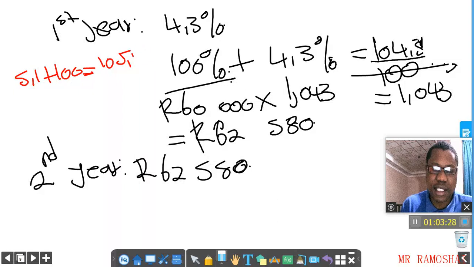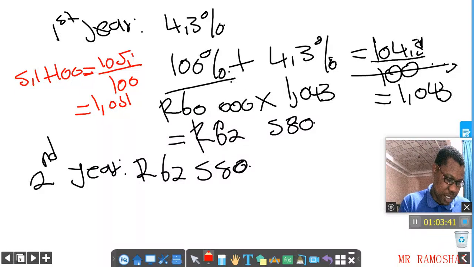Then what do we do? We remove this percent, and then we divide by 100, which now gives us 1.051. Let me confirm it. 105.1 divided by 100, yes, which is now 1.051, right?